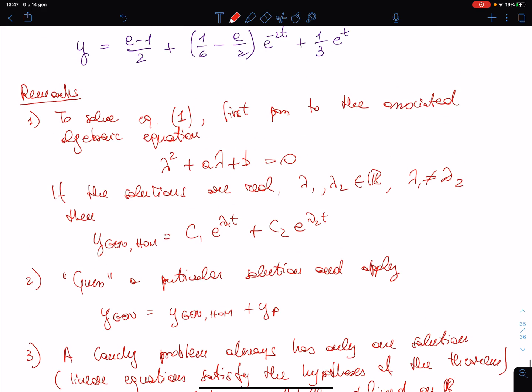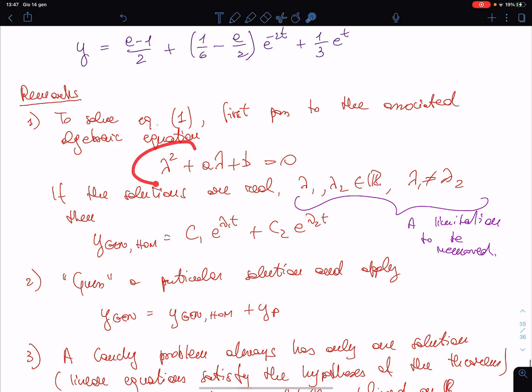And now let us see how to remove this limitation. This is a limitation to be removed, because this second degree equation can have solutions that are not real, and even if real, they can coincide.